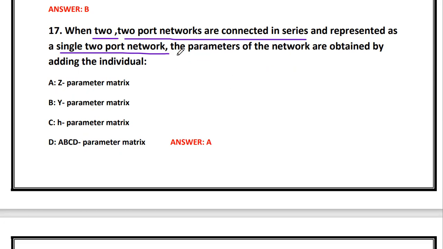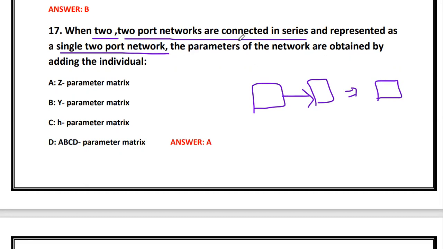We can represent a two-port network in different parameters using Z parameter, Y parameter, H parameter and ABCD parameter. If the two-port networks are connected in series and replaced by one single two-port network, what is the overall parameter of that particular network? That is the question.